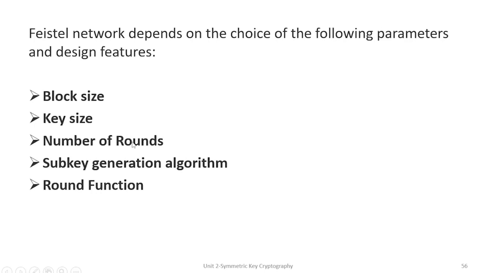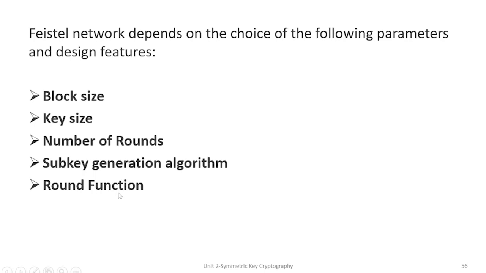The same number of rounds should be used for decryption also. So for a particular algorithm, how many rounds are used? Then from the given key, in what way can we generate a subkey? That generalized format is called the subkey generation algorithm. Which methodology of subkey generation is used for retrieving different subkeys for each round?